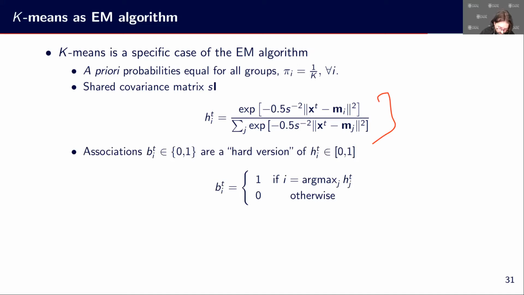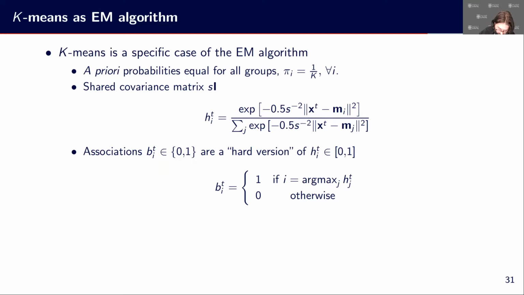And if we go beyond, saying that in fact, the association BIT, which are either 0 or 1, are a hard version of HIT. So it's kind of discretizing HIT, assigning a 1 to the BIT where the HIT is maximum for that sample over all possible groups. Otherwise, it's equal to 0. So it's kind of a binarization of HIT with the BIT.